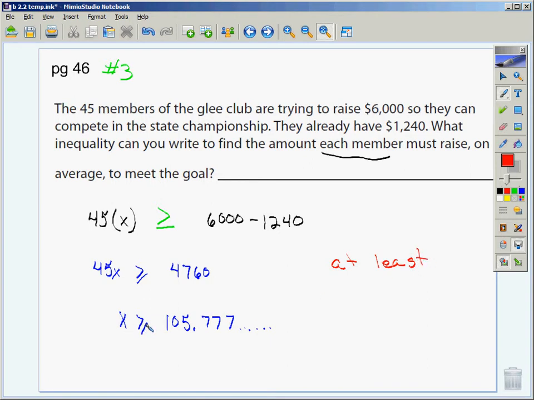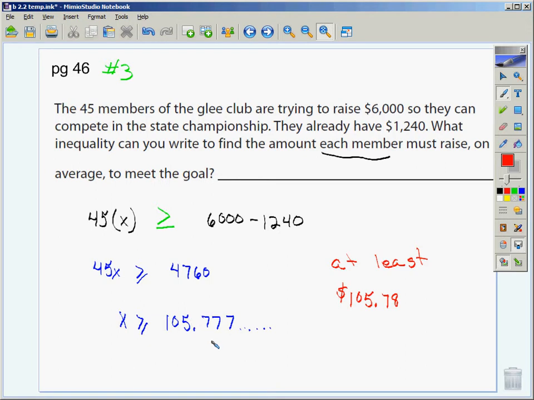It's greater than or equal to 105 what? They have to raise $105.78.